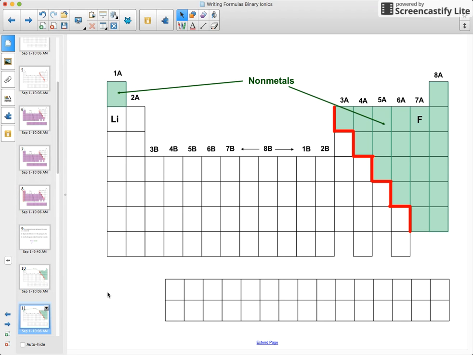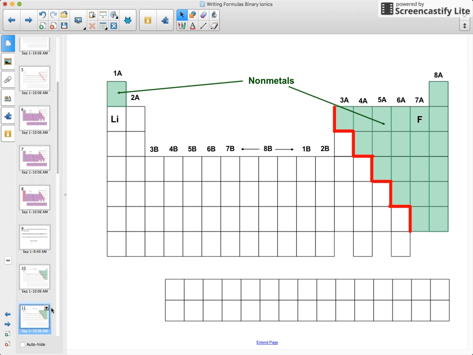And if we locate fluorine, from which a fluoride ion is made, we can find it here in this box on the periodic table. Fluorine is a halogen. It's in group 7A like all the other halogens. And we know that halogens have a tendency to gain one electron so that they can form ions with electron configurations that are like those of a noble gas. They have a certain amount of stability when they gain an electron.